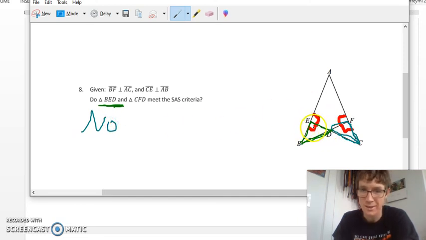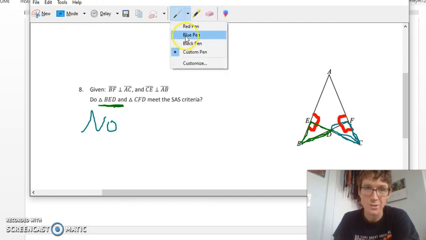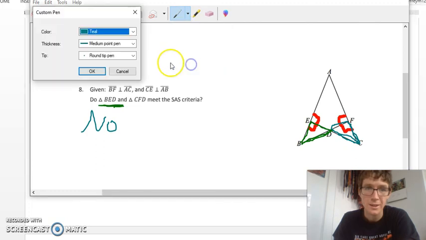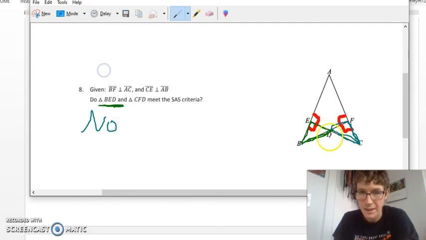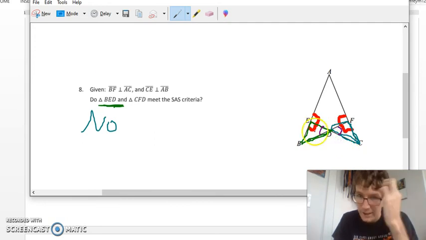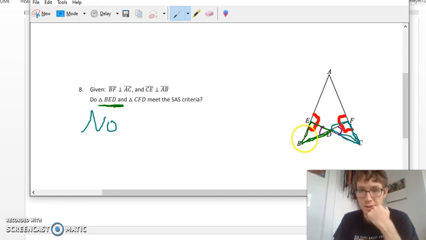We know that this angle equals this angle. We actually also know, there's one thing I forgot to say. We do know that this angle here has to equal this angle here. So we got two angles. When you have two angles, you have a third angle, because basically all angles have to add up to 180, so you can always find the other one.